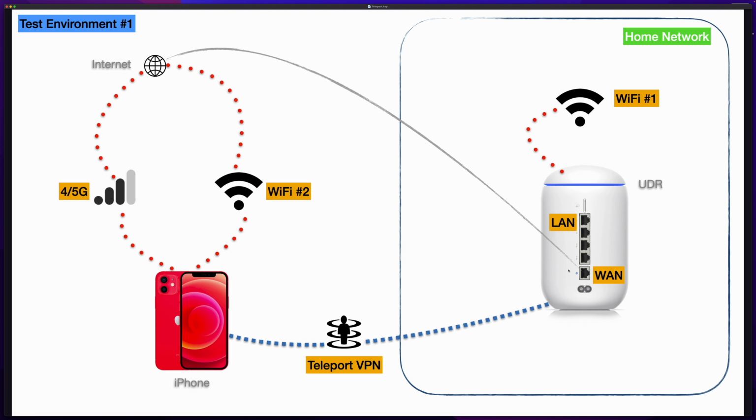But in my case, I have a problem because I have a very poor 4G connection. Remember, my next video's focus will be testing the network performance, right? With my poor wireless network connection, I have no way to saturate the capacity of the UDR. You may say, okay, why not use Wi-Fi?